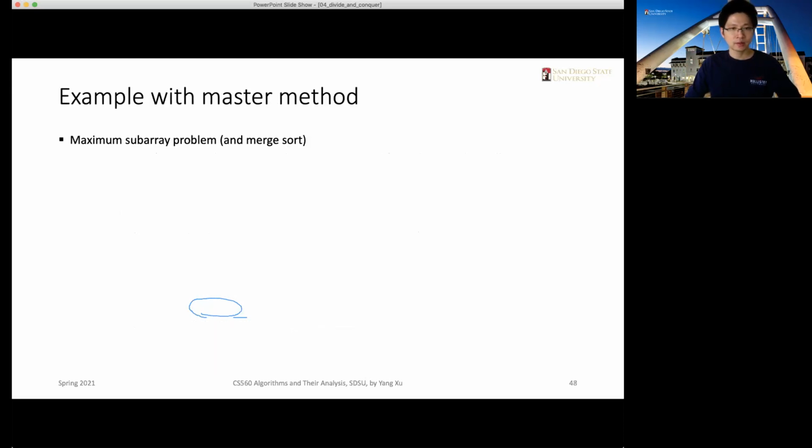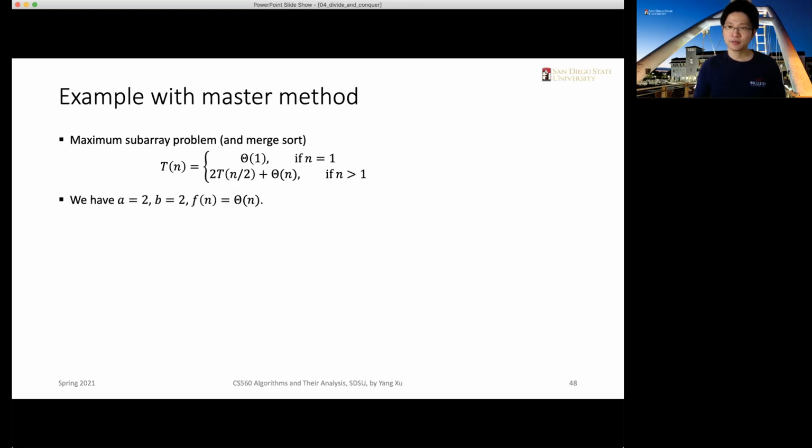All right, let's look at an example now. Let's start with a recurrence we already know. It looks like this. We all know the maximum subarray problem, and the solution looks like this. Now let's directly use the method.